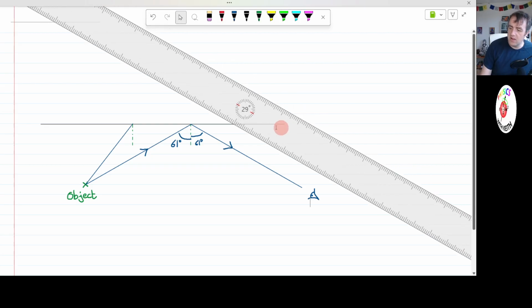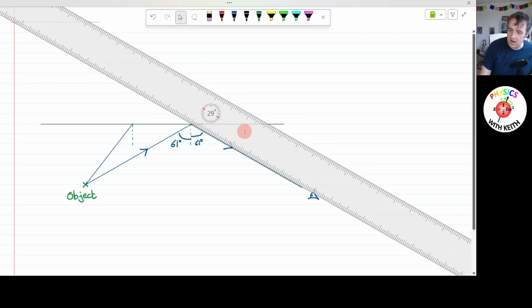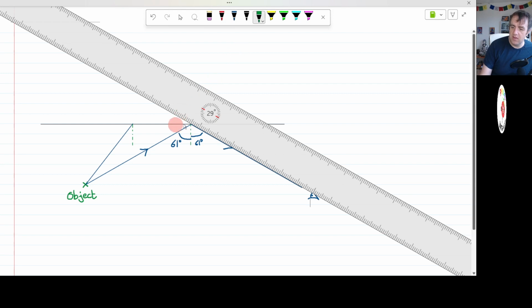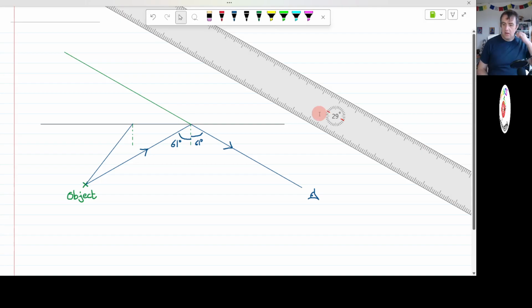So what I can do is project this ray back. I'm going to use a different colour for that, just so we know that what I'm drawing is a projected ray. It's not a real ray. The one in green is a virtual ray, which extends into the mirror.